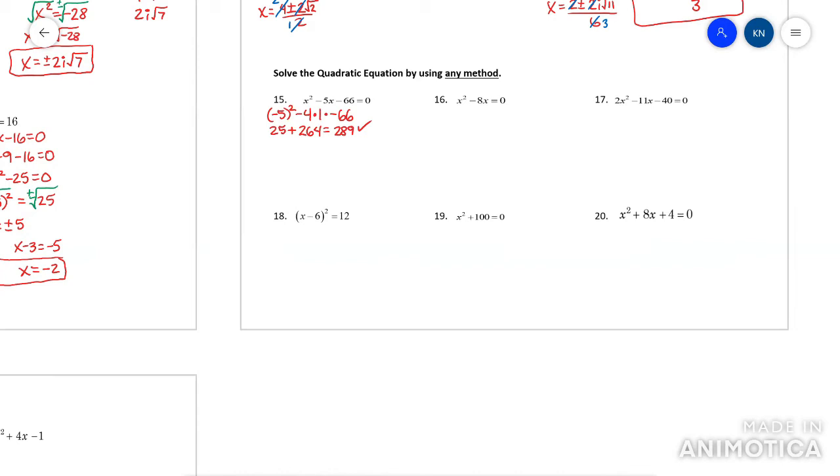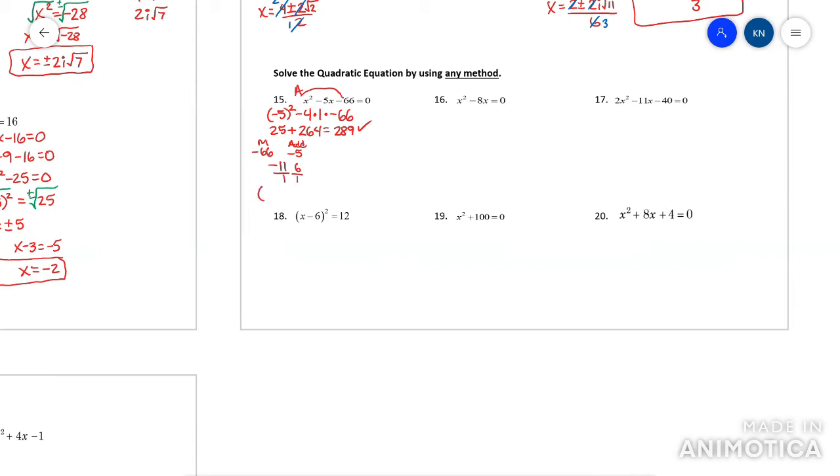So that tells me this is factorable. So I should just go and factor it right from the start. So it's a rainbow combo, looking for two numbers that multiply to be negative 66 and add to be negative 5. It's going to be negative 11 and 6. Put them over your a value, which is 1.